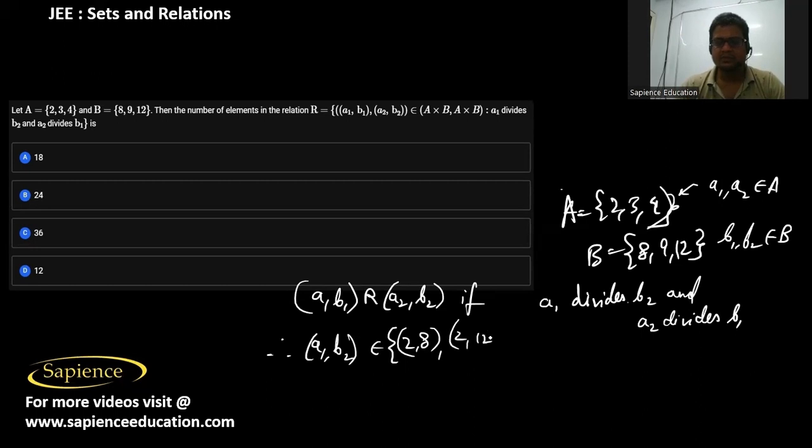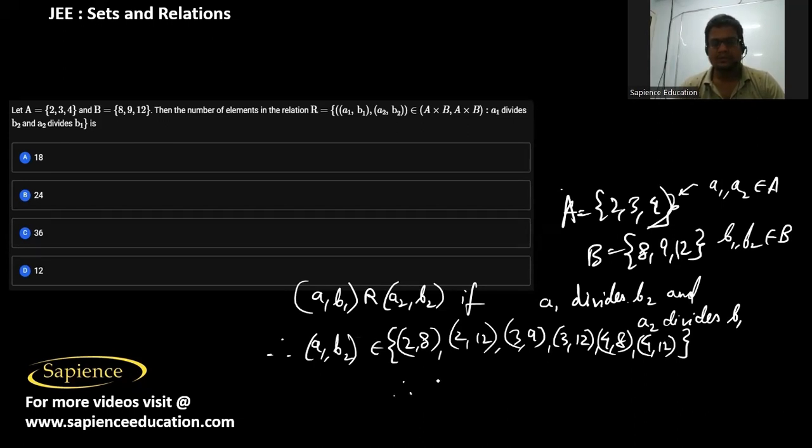So 2 comma 12 and 3 comma 9 and 3 comma 12, and similarly 4 comma 8 and 4 comma 12. So therefore it gives 6 pairs of A1 comma B2.